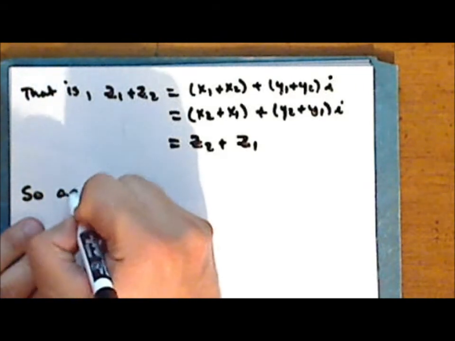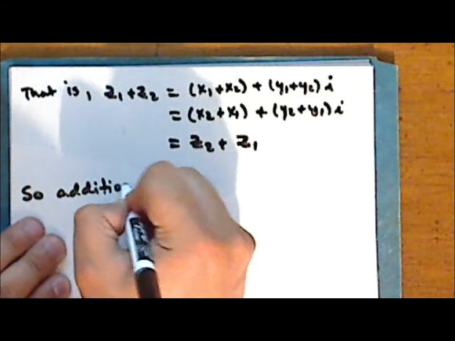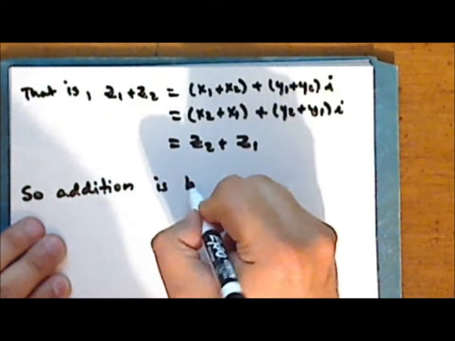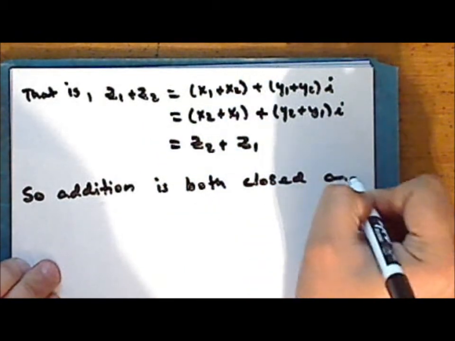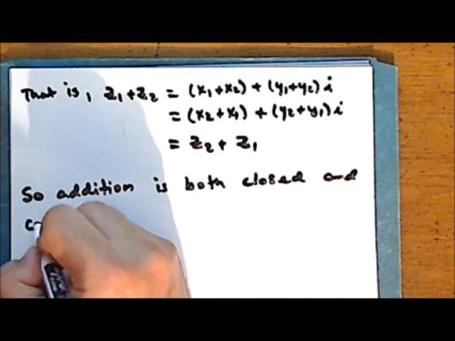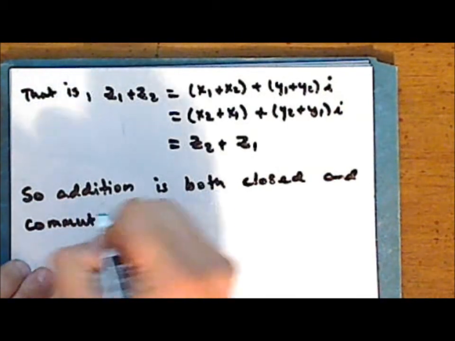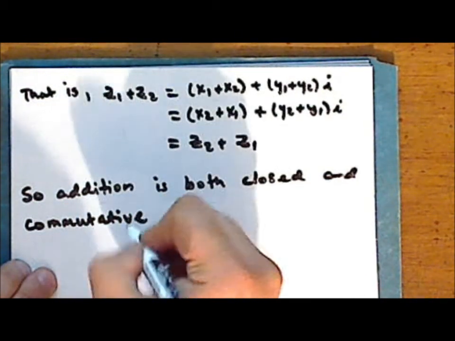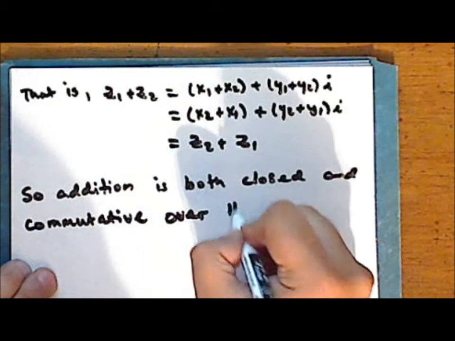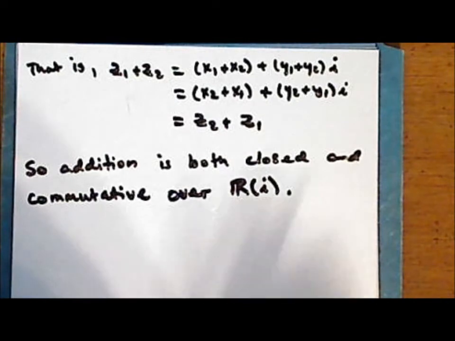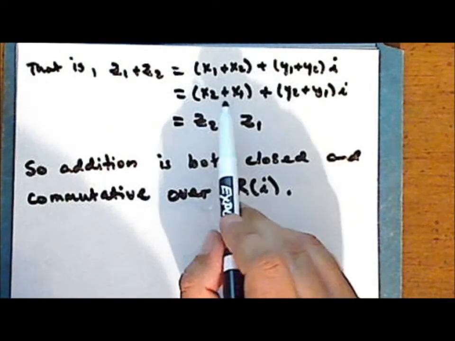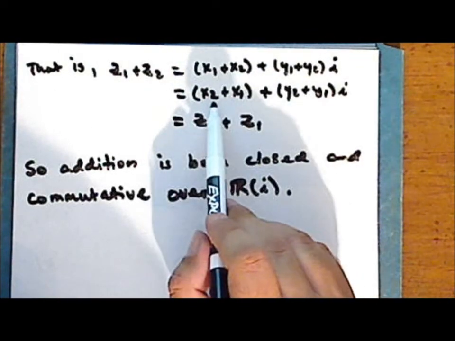And so addition is both closed and commutative over this set of vectors. And notice very clearly this sum is of the correct form.